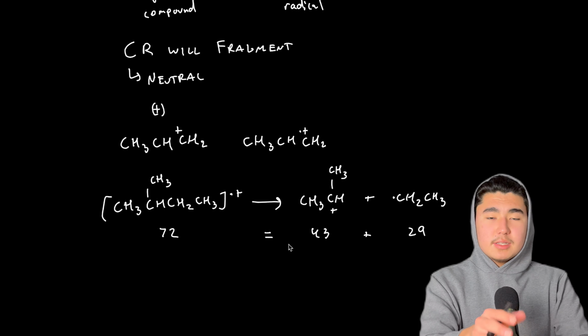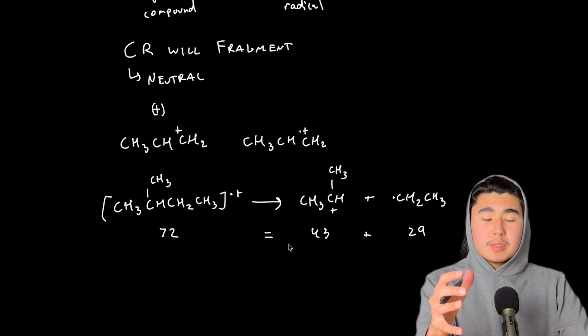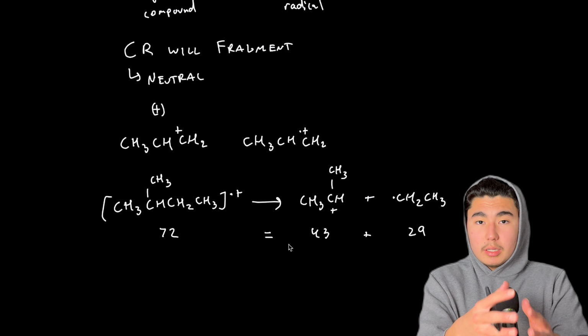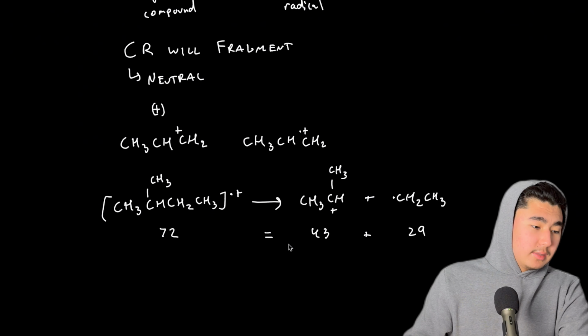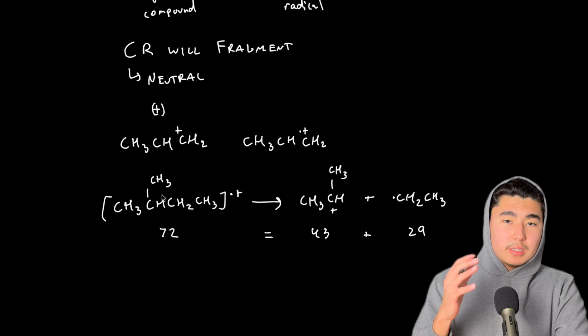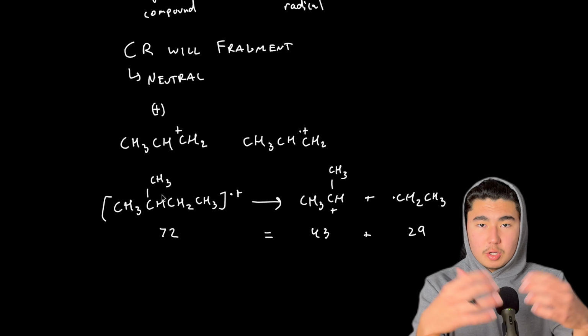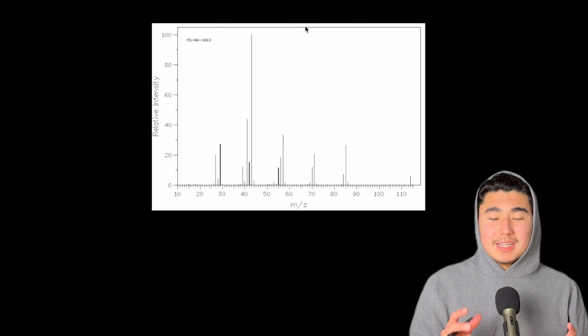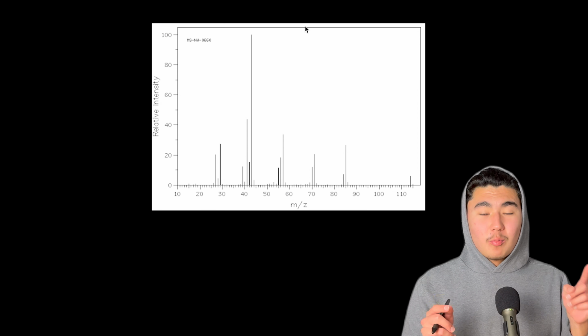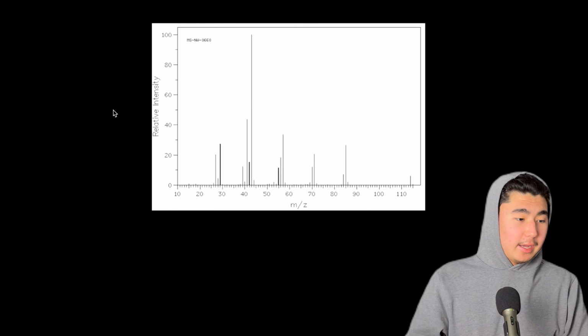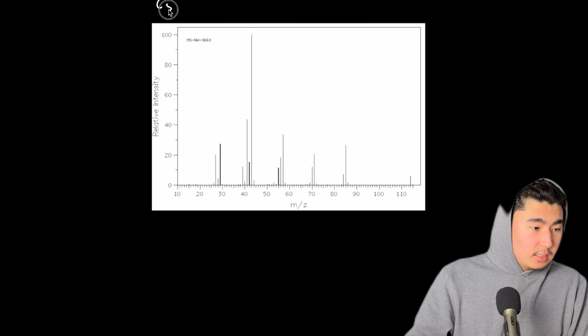Now this is the biggest thing to note, is that our fragments are going to add up to our initial molecule, that molecular weight that we had. When we start with this cation radical over here, that molecular weight is going to equal the fragments that are created. If that didn't make any sense, don't worry, because we have a practice problem right here. The starting compound that we have over here is going to be C8H18.